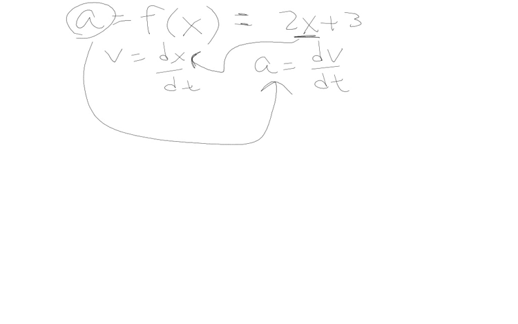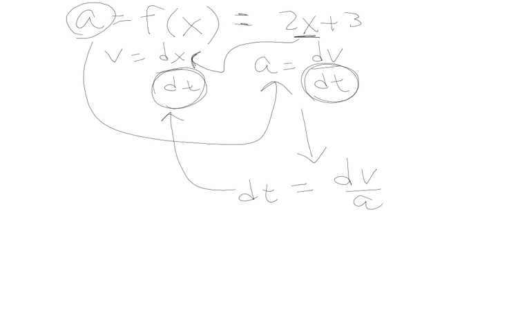And the only way you're going to be able to do that is to look at what's common between these two definitions. And the common variable is your time, dt. Okay, so here's what we do. I take my acceleration definition, and I'm going to solve for dt. All right, so I'm going to get dt is equal to dv over a. And then I am going to substitute that dt into the dt from my velocity definition.